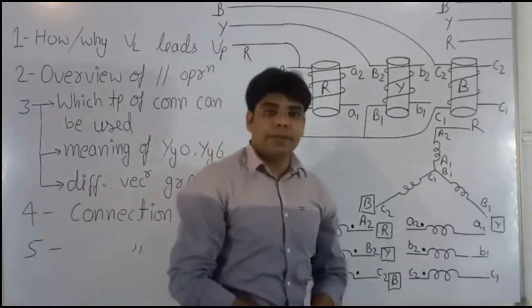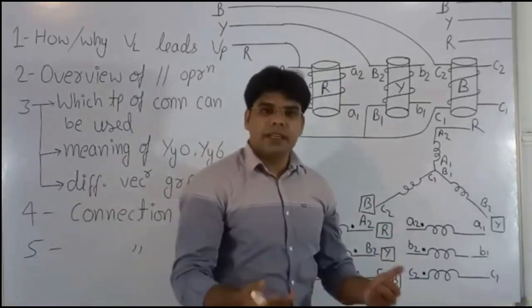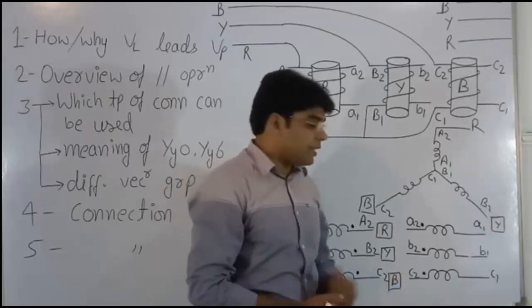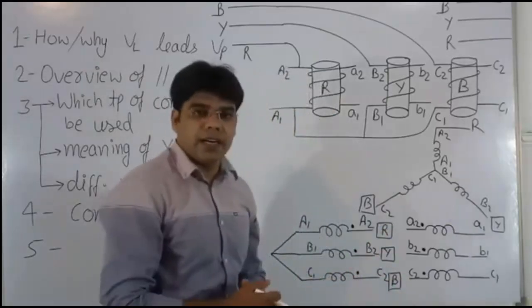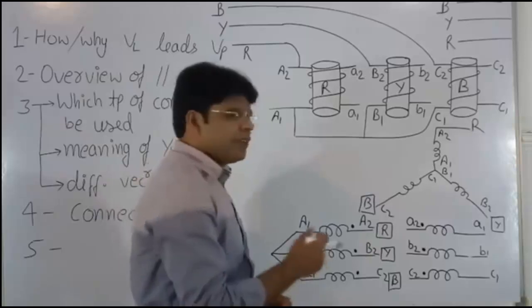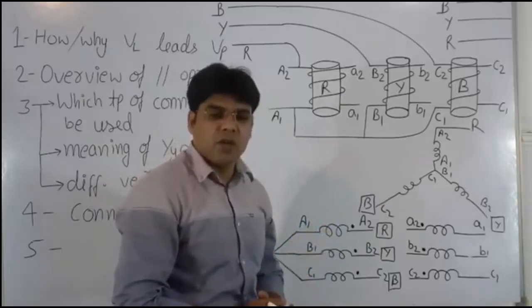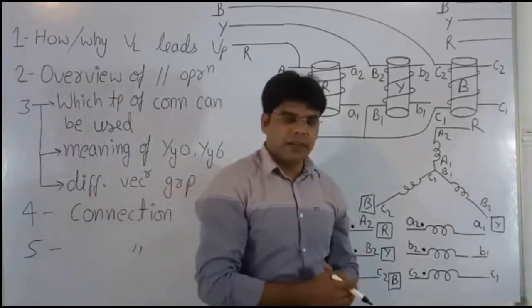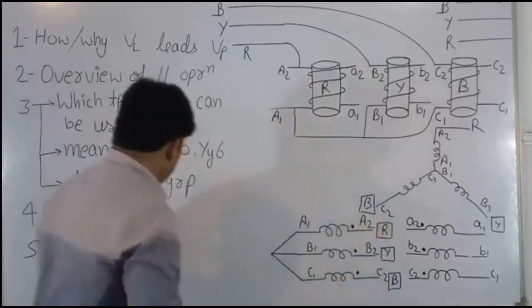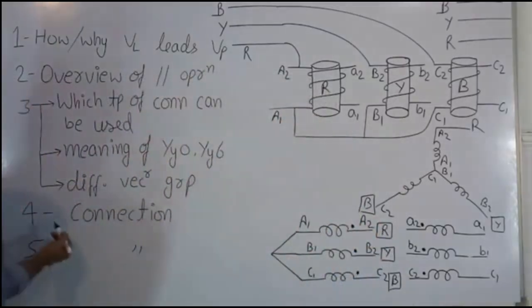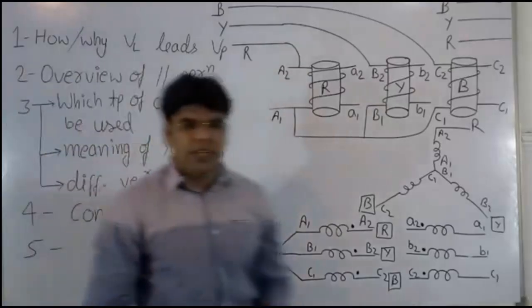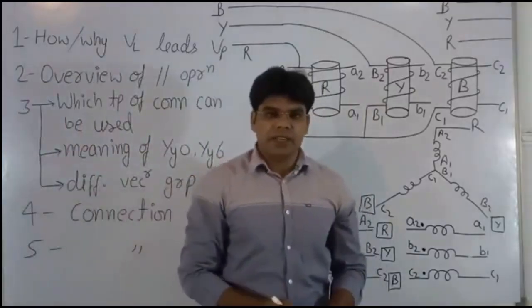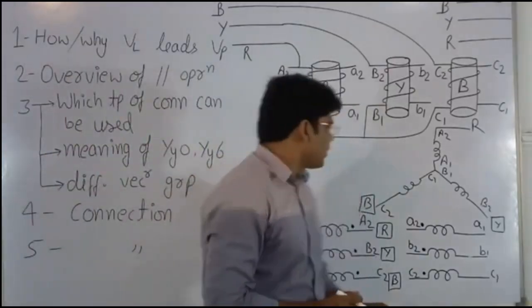Now the secondary may be in star or delta, but this star or delta can be performed in different ways. So we have to learn these different ways; we will see this in part 4. Actually, I have divided this lecture into 5 videos.